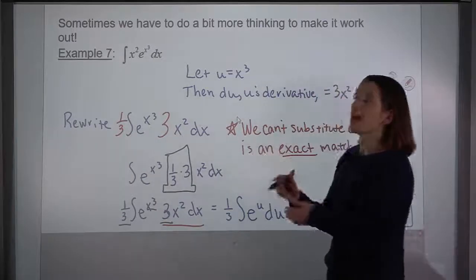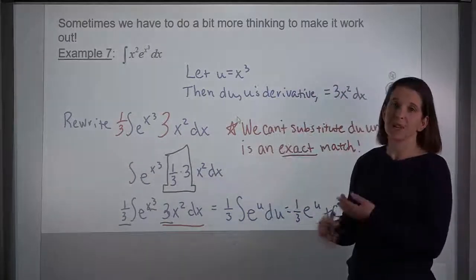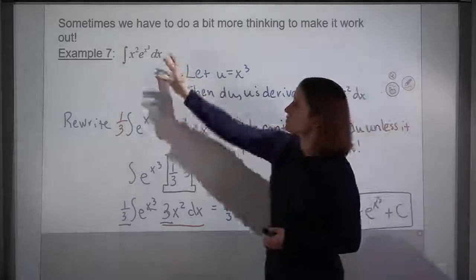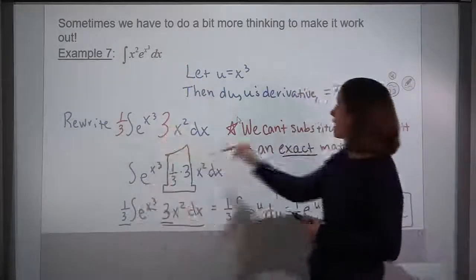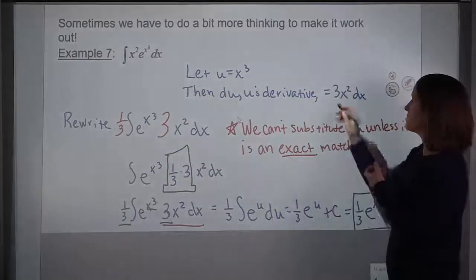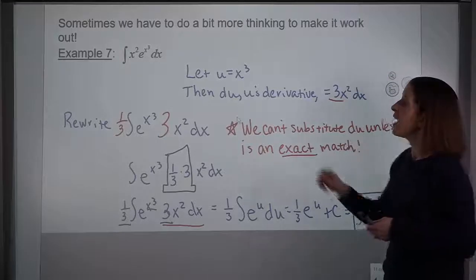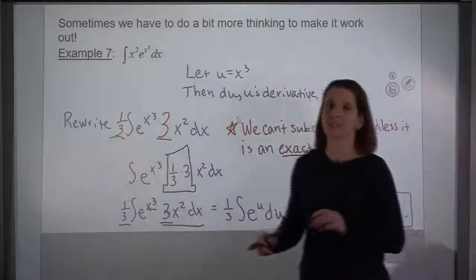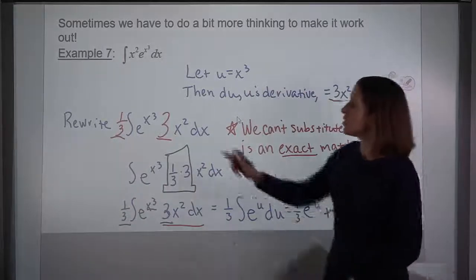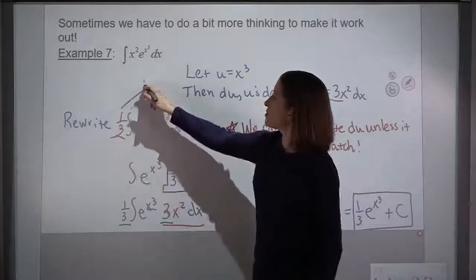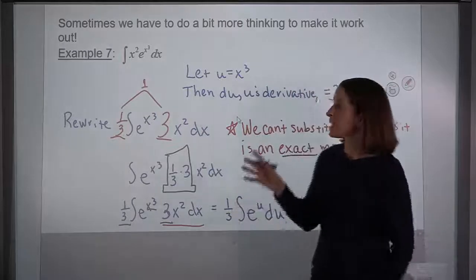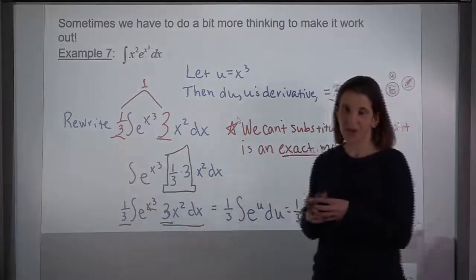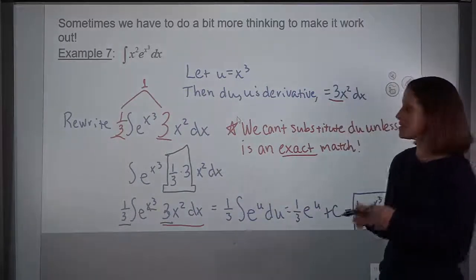So in live time as I'm writing, that's what I would do: I would rearrange things, leave a blank where I realize there's an issue. I was missing the 3. And then I would put the 3 in that I'm missing and compensate on the outside with its reciprocal so that I am effectively multiplying by 1. But I'm putting the parts that make up that 1 where I need them to be to make this work.